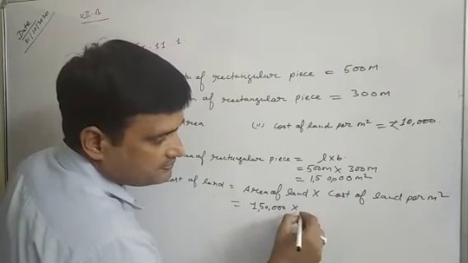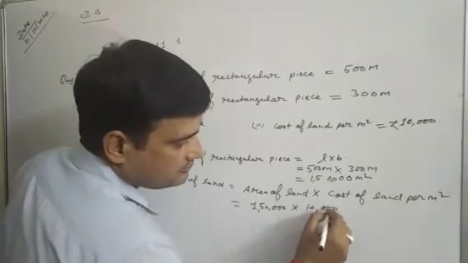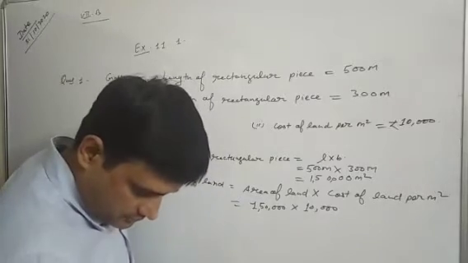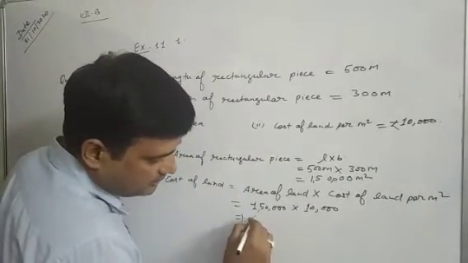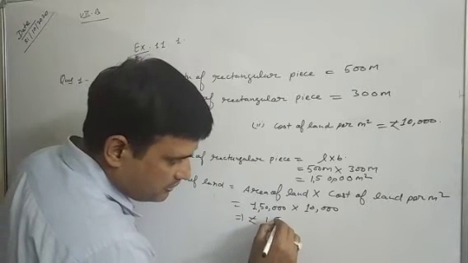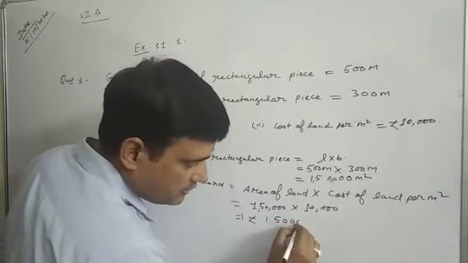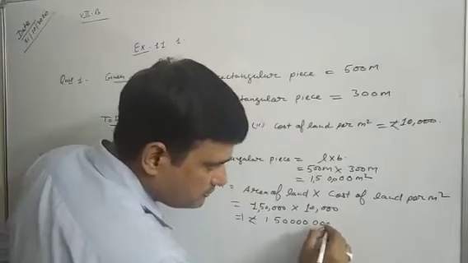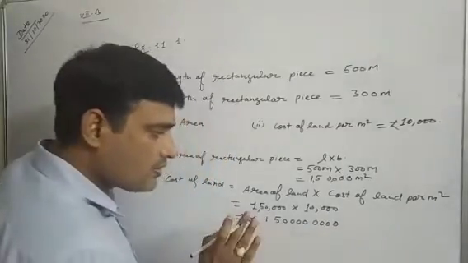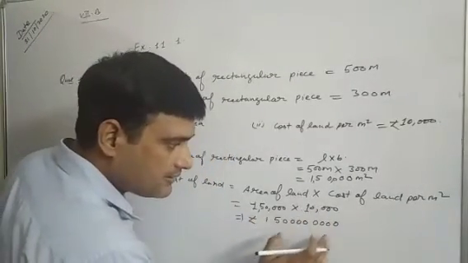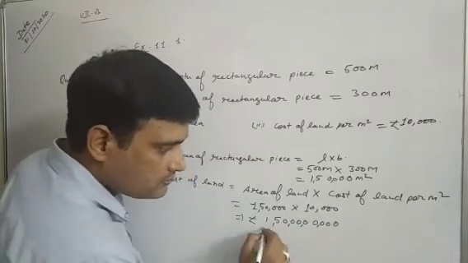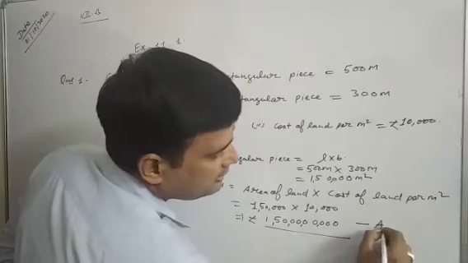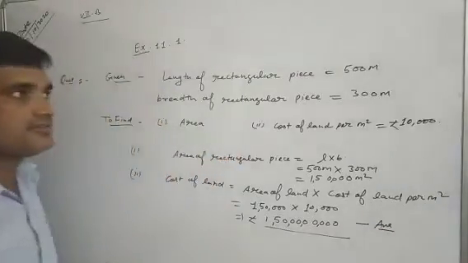Multiply by 10,000. Okay. Now we get the cost in rupees. Okay, this is the cost of land. Understand?